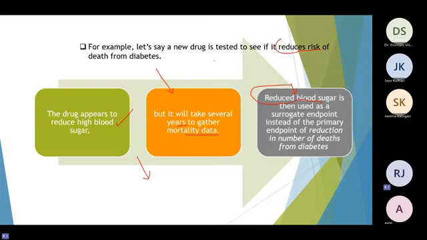We can use some other parameter, and those parameters which are used instead of the primary endpoint are called surrogate endpoints. Okay, so in this particular case, instead of waiting for the subject to die, we are checking the blood sugar level to know whether our anti-diabetic drug is going to reduce the risk of death from diabetes or not. Surrogate endpoint.